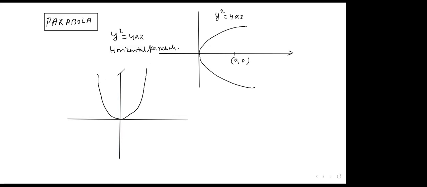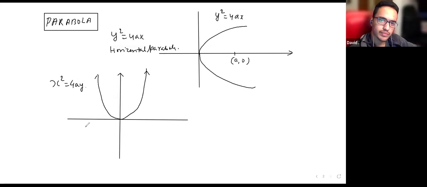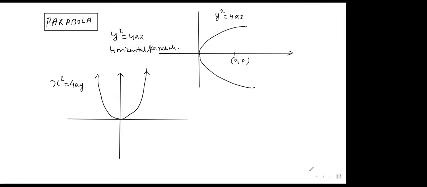This is a vertical parabola. The equation of this parabola will be x square equals 4ay. Now coming to ellipse.